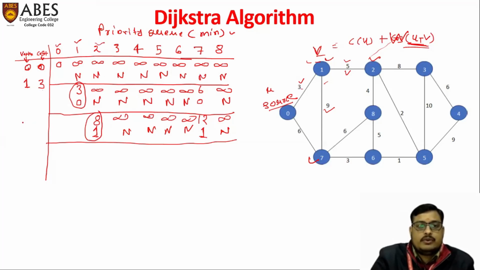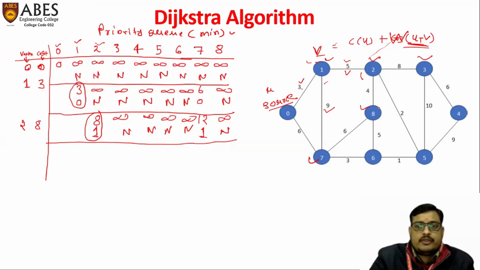Vertex 2 is here and the cost is 8. And now again we will update the cost of the adjacent vertices of 2. The adjacent vertices of 2 are 3, 8, 5 and 1. 1 is not present in the priority queue, so we'll just consider the adjacent vertices 8, 5 and 3.